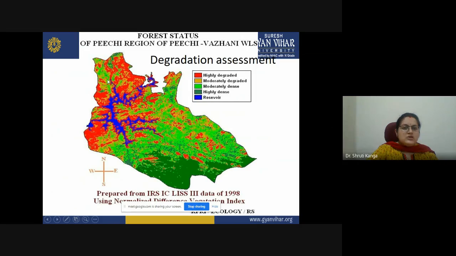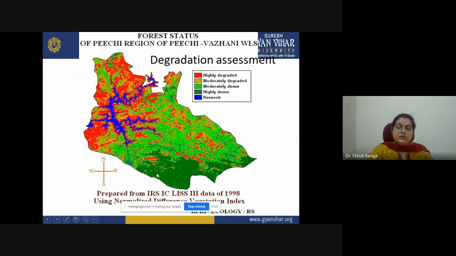The areas in red are highly degraded, and the areas in yellow are moderately degraded. The areas in parrot green are moderately dense, highly dense, and reservoirs. You see in the north and the western part, there is maximum degradation.